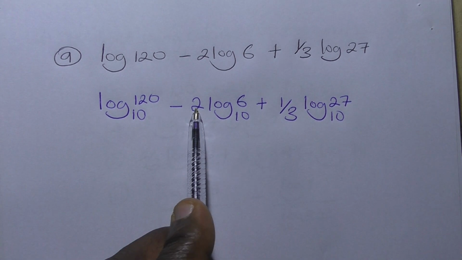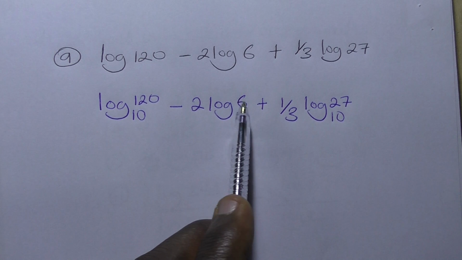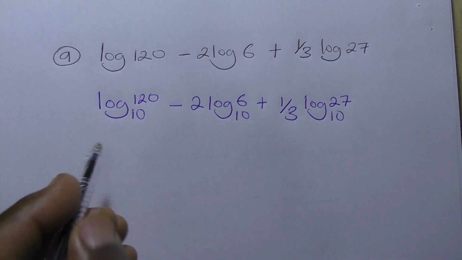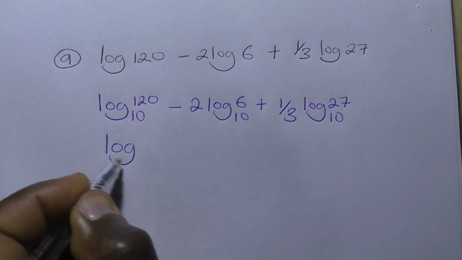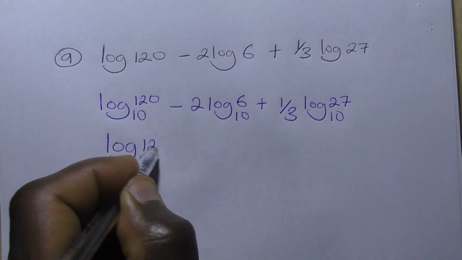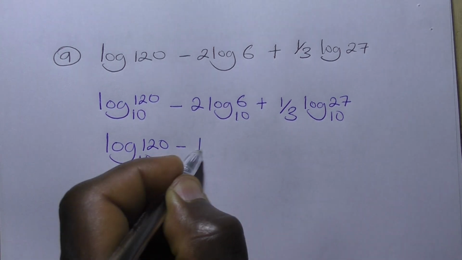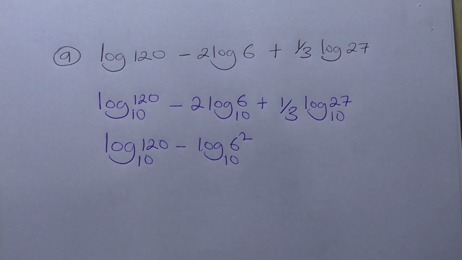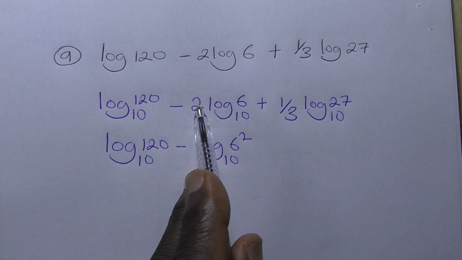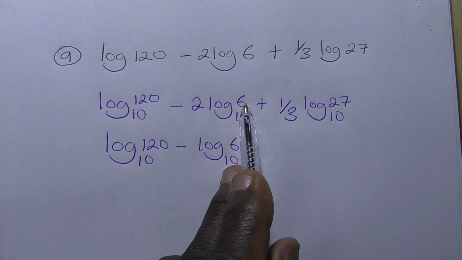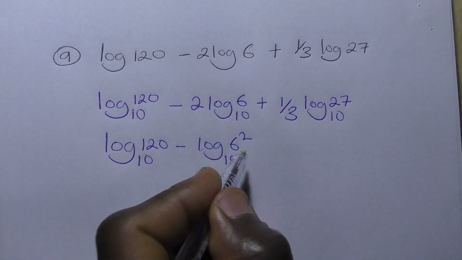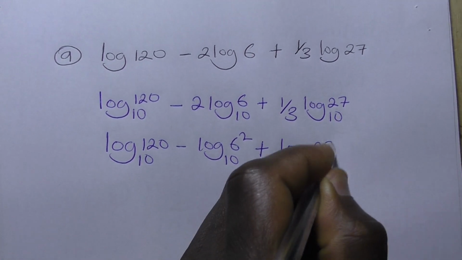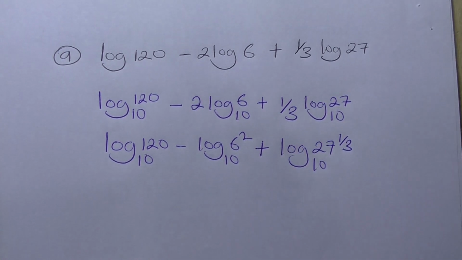We saw that these become the powers of the logarithm. That is to say, we shall have log 10 120 minus log 10 6 squared, or 6 power 2. This 2 becomes a power of 6, plus log 10 27 power a third.